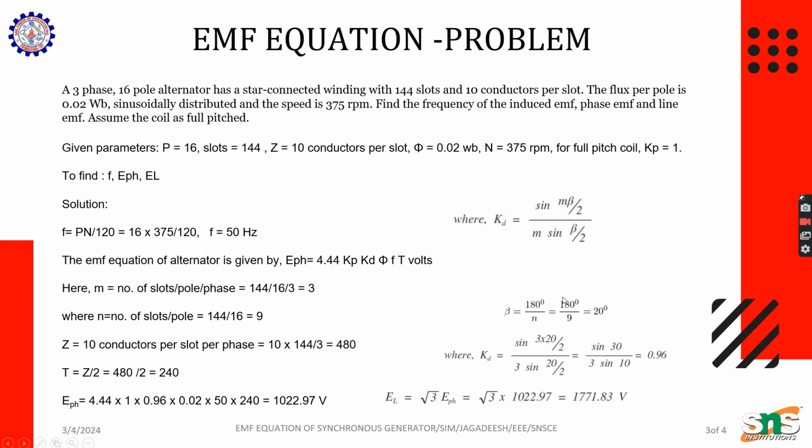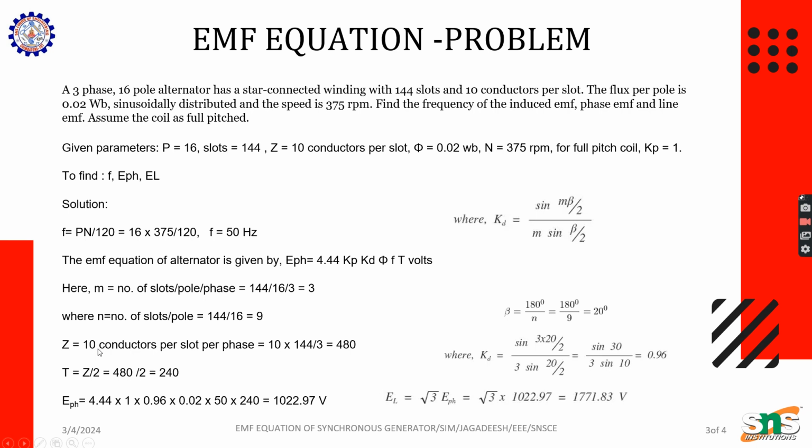These two values and the beta value can be substituted in the kd formula: sin(3 × 20/2) divided by 3 sin(20/2), which is equal to sin 30 divided by 3 sin 10. Using a scientific calculator, we determine the value 0.96.